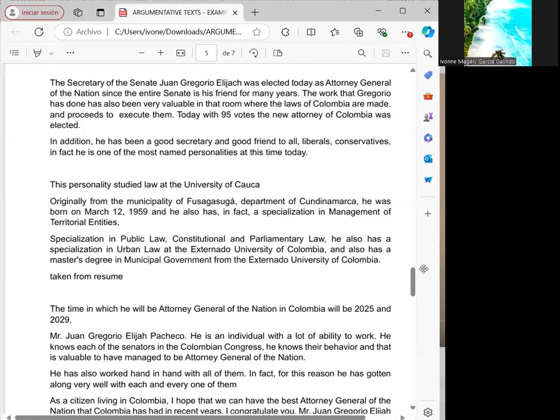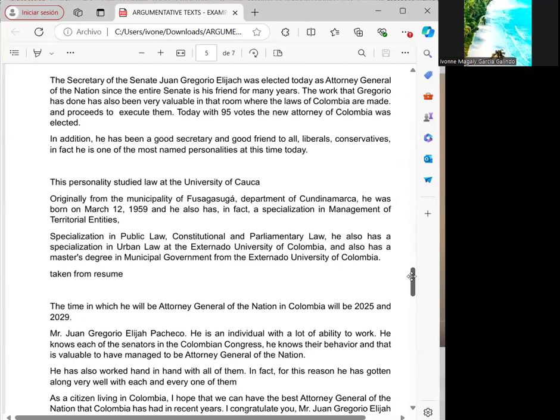Let's say that let's build from this information an argumentative test. How will you do it? You need to choose a main topic. So let's say that main topic, main idea would be something like, okay, the recent election of Juan Gregorio Lijas as the General Attorney of the nation has sparked intense debate.